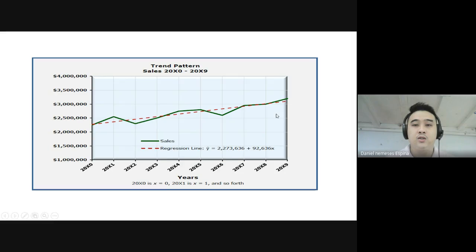As we know, in 2020 we cannot use the trend pattern for the last 10 years because there was additional information in 2020, which is the pandemic. So perhaps your sales projection for that year will be wrong. Okay, so that's one of the disadvantages of the linear regression. Because it is based on past data, we cannot guarantee that what we have forecasted or predicted will be accurate.